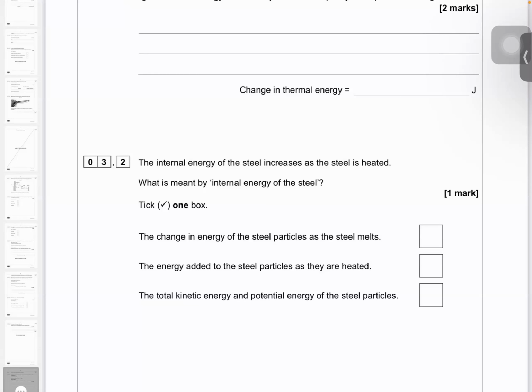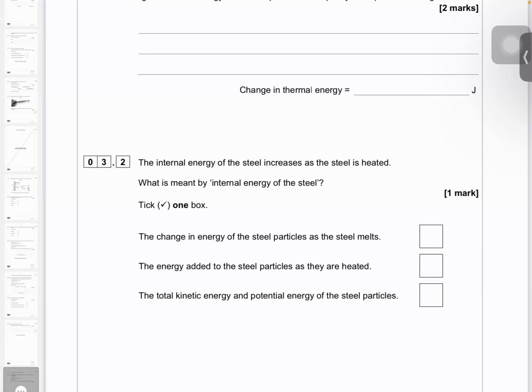Okay. It says the internal energy of the steel increases as the steel is heated, obviously. What is meant by internal energy of the steel? Let's see. It looks like they want to take us to kinetic theory here. The change in energy of the steel particles as the steel melts.